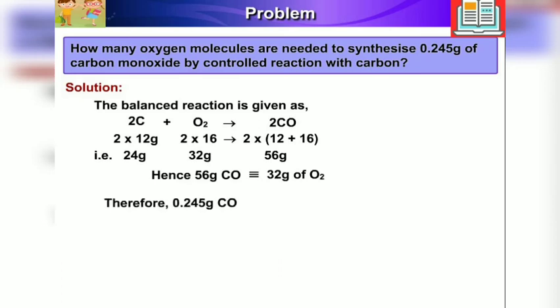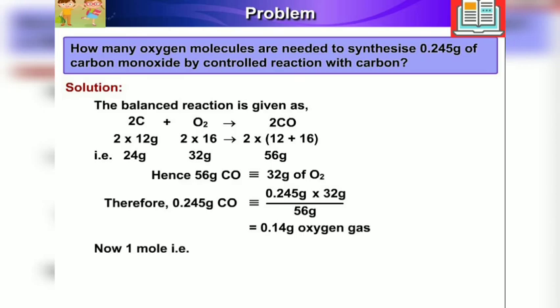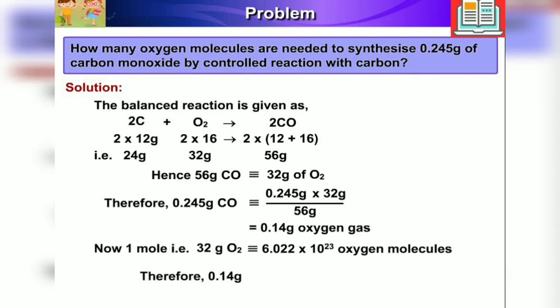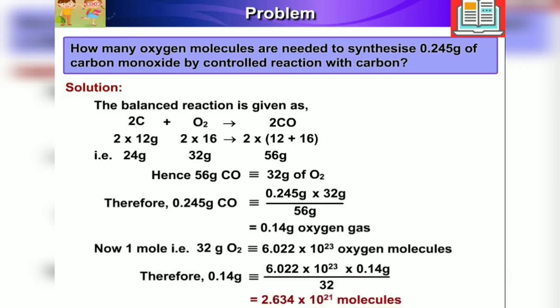Therefore, 0.245 grams CO equals 0.245 grams into 32 grams upon 56 grams, equals 0.14 grams oxygen gas. Now, 1 mole, that is 32 grams O2, equals 6.022 into 10 raised to 23 oxygen molecules. Therefore, 0.14 grams equals 6.022 into 10 raised to 23 into 0.14 grams upon 32, equals 2.634 into 10 raised to 21 molecules.